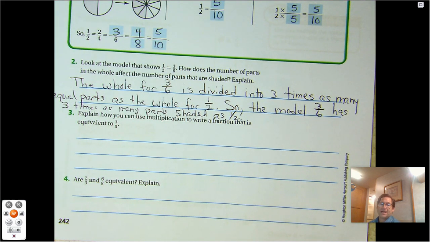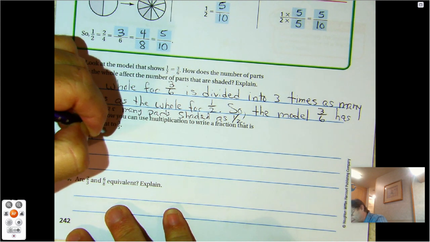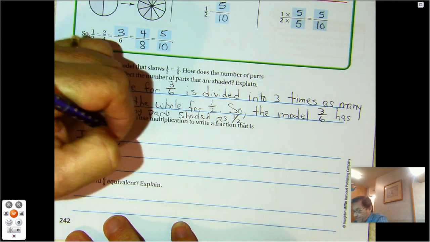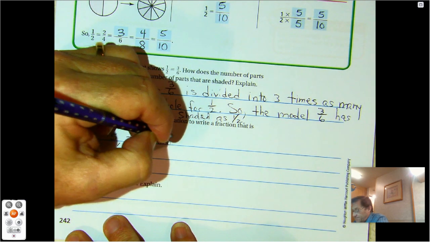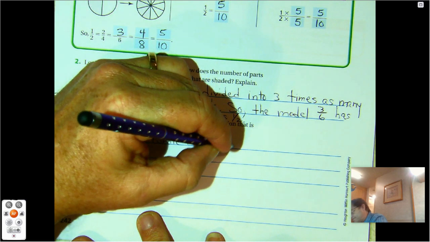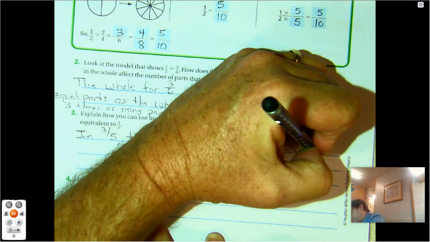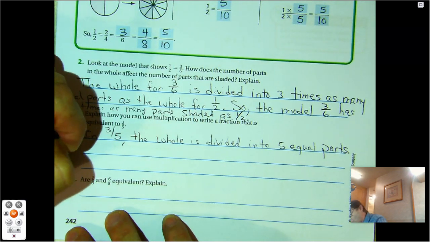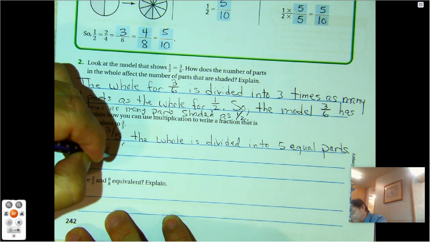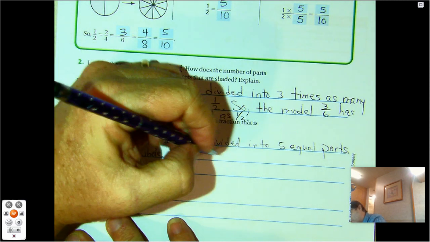Explain how you can use multiplication to write a fraction that is equivalent to 3/5. All right. In 3/5, the whole was divided into 5 equal parts. Think of the whole as divided into 10 equal parts.